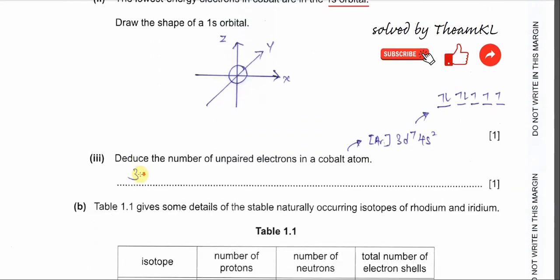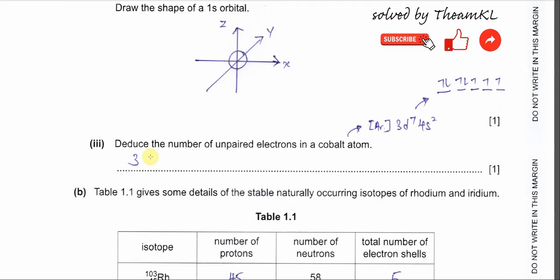For part 3, deduce the number of unpaired electrons in a cobalt atom. The cobalt atom's electron configuration is given in the question, which is [Ar] 3d7 4s2. For 4s2, this s orbital is already fully filled, with 2 electrons. In the 3d orbital, there are 5 orbitals and only 7 electrons.